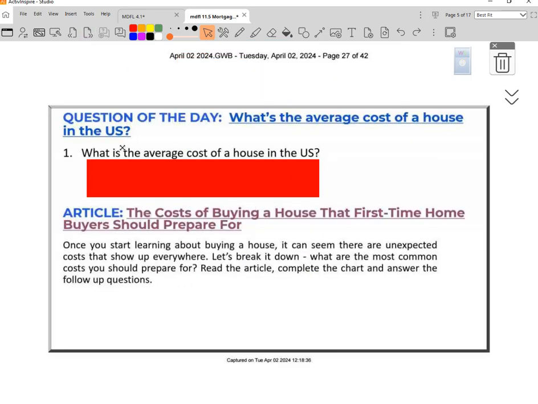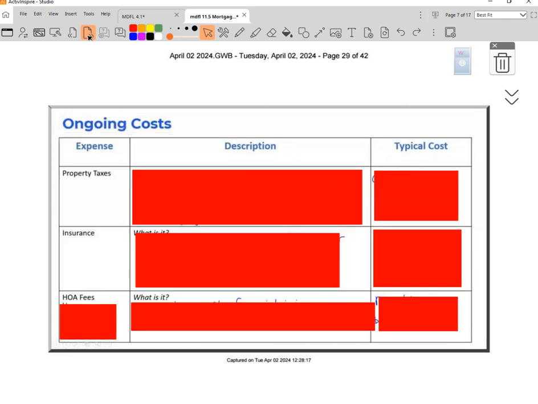All right, so this is where I'm going to pause and let you guys do some of the do-it-yourself things. This is a link. It's going to give you the average cost of a house in the U.S. I'm going to set my timer for 20 minutes that you work on the do-it-yourself part. That part, which you may or may not finish when I start talking to you again, but you can finish it tomorrow, is all these boxes here on the ongoing costs.